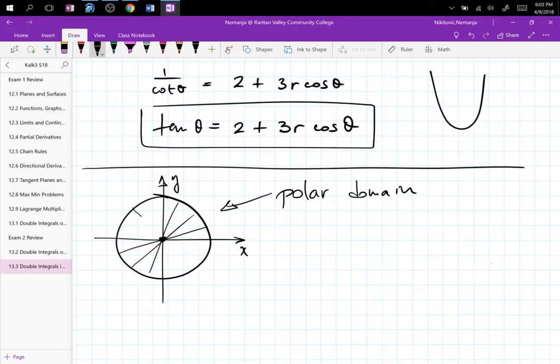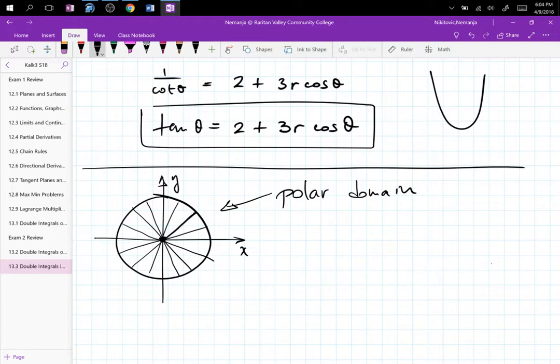What's important to realize is that for your rectangular domains, which is both 13.1 and 13.2, even though it's general regions in 13.2, you had a representative rectangle, delta x. Well, now you are going to have a representative pizza slice, d theta.